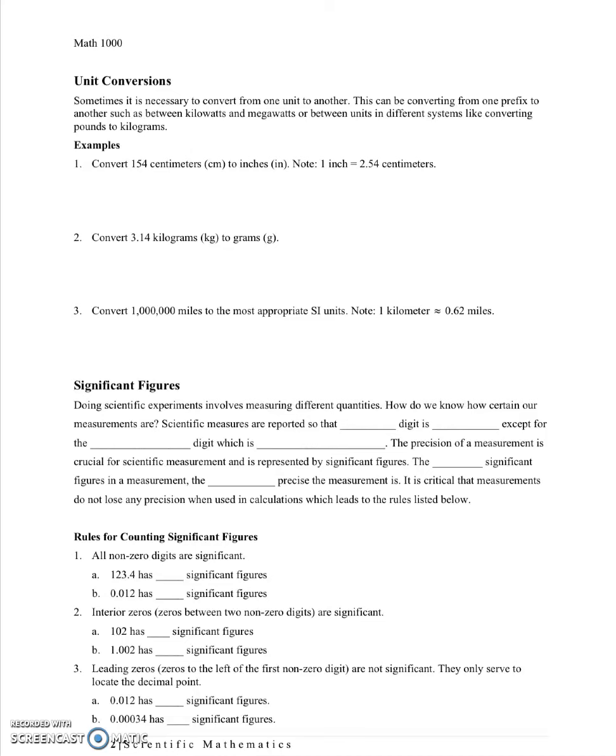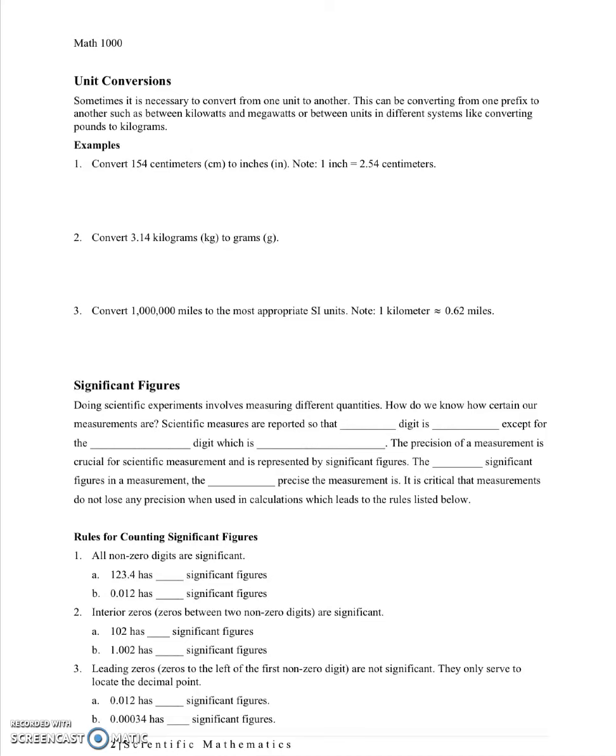So converting from one unit to another may be from one prefix to another, like between kilowatts and megawatts, or between units in different systems, like converting pounds to kilograms, for example.